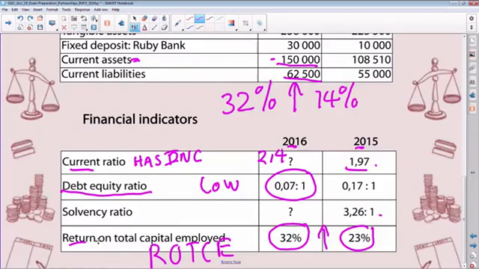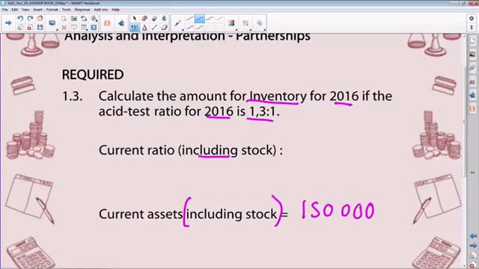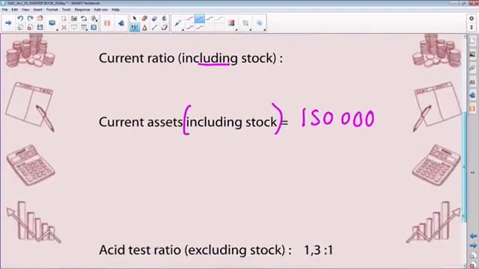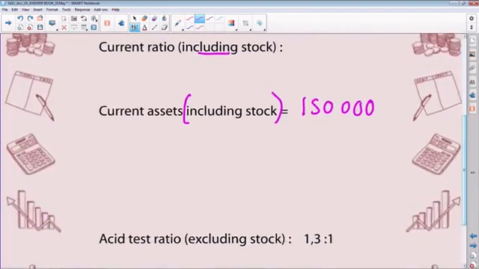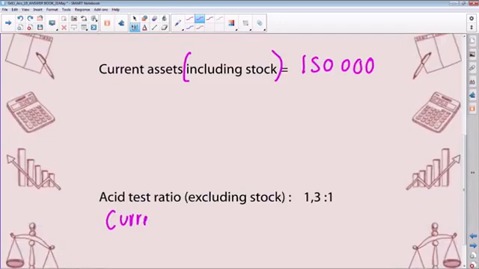Okay, now remember, we compared this to our current liabilities earlier on. You guys remember that? Right, now let's go back to our answer book and let's look at how we're going to calculate stock. So our asset test ratio is 1,3 is to 1. So in other words, we know that in order for us to calculate this ratio, we obviously took current assets and we excluded stock.